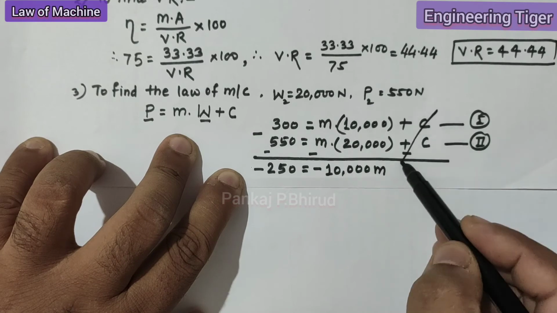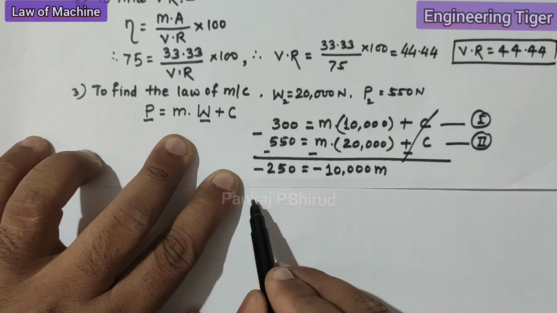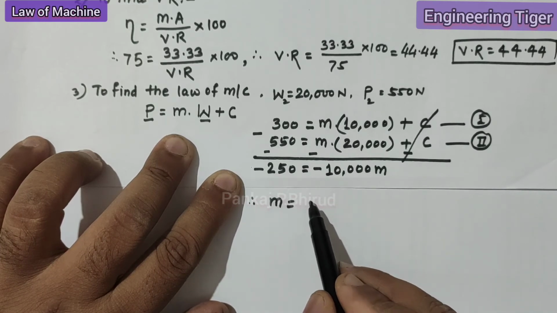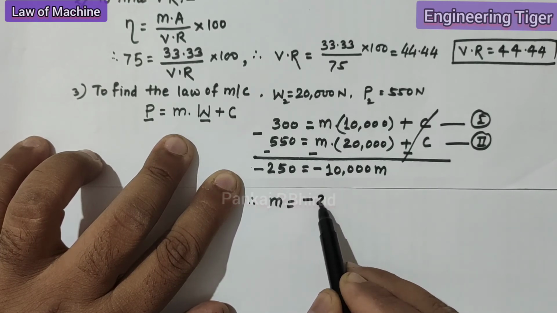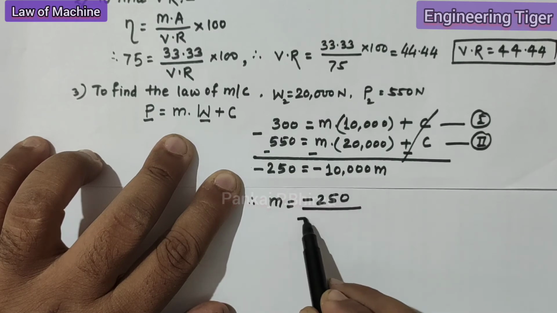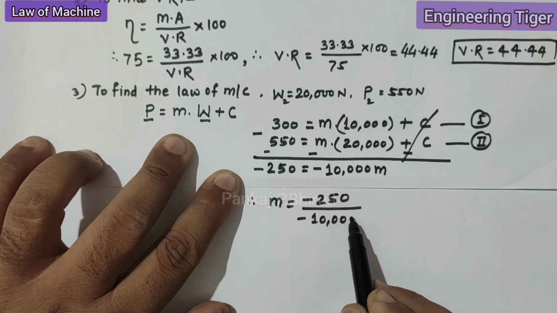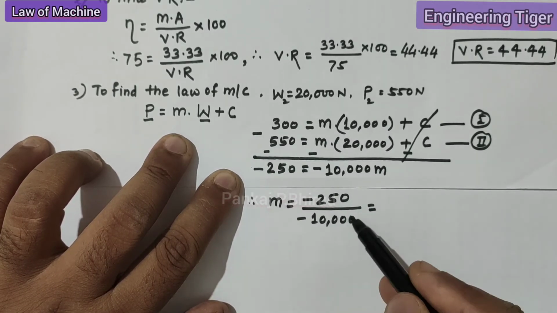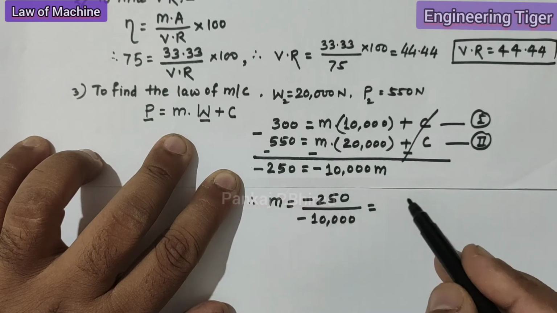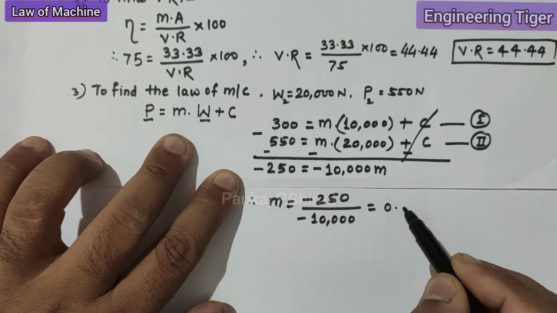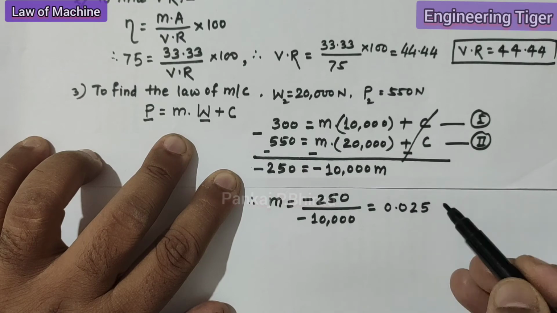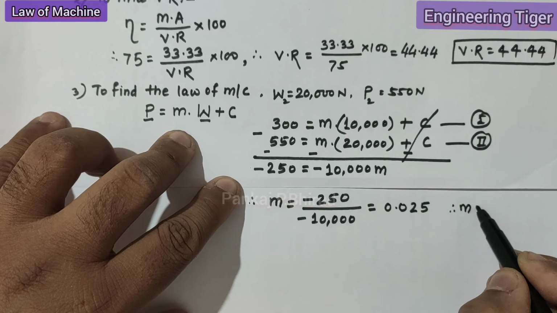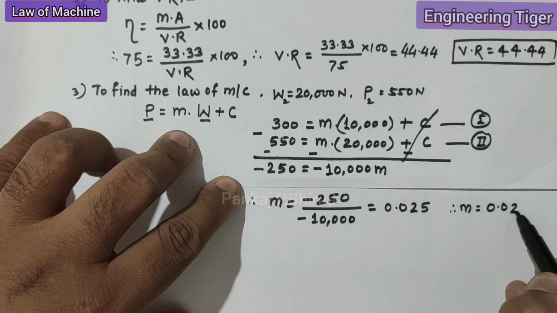And C minus C will be cancelled, so we'll get m is equal to minus 250 upon minus 10,000, that is 0.025. You can use a calculator also. So here we'll get m is equal to 0.025.